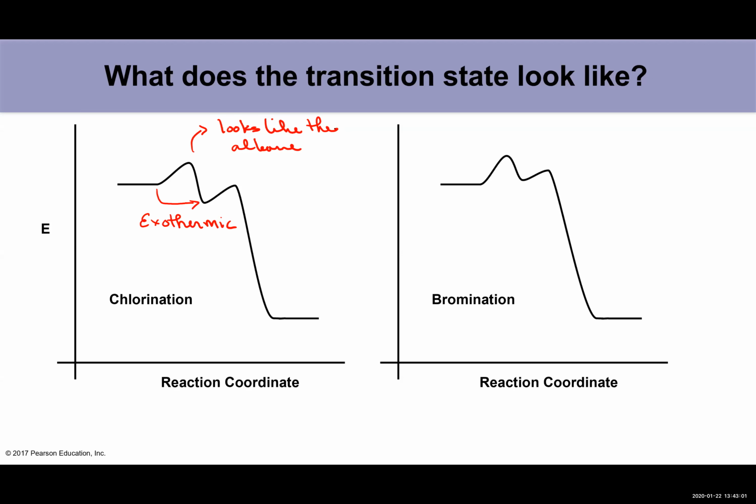When you look at bromination, it turns out the first step is endothermic. As a result, the transition state looks more like the intermediate, more like the radical.